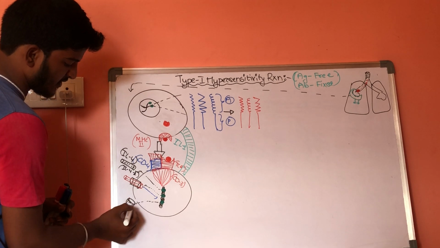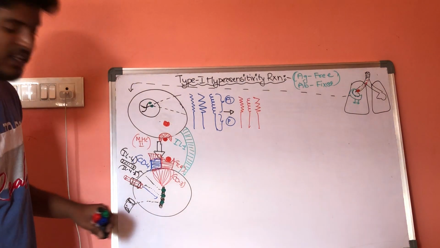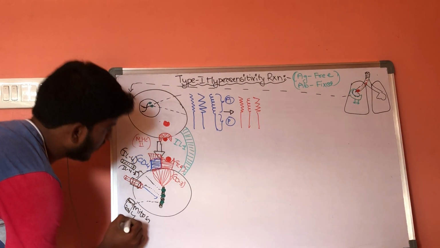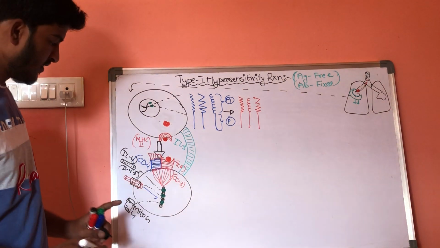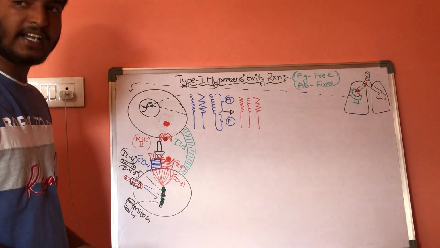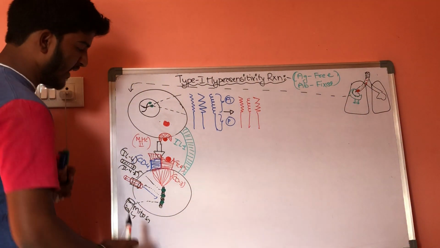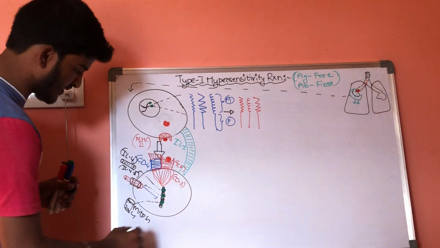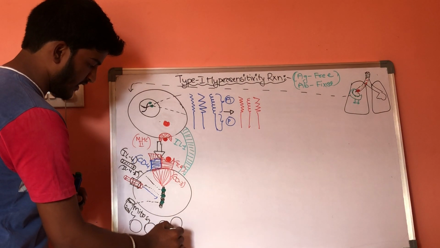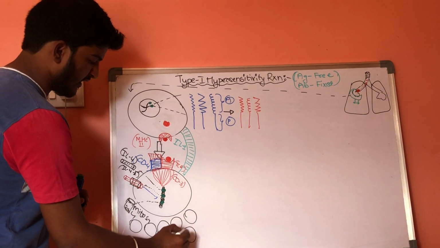Let us consider this is a special protein which is associated with mitosis. So, whenever mitosis genes are activated, then the number of T helper cells will get increased. In this way, the T helper cell number will get increased.